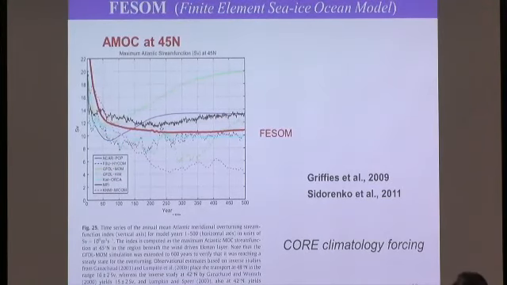And this illustrates the scatter that you see in AMOC, which stands for Atlantic Meridional Overturning Circulation, and you see that even given the same atmospheric forcing, different models behave quite differently and scatter as time progresses.